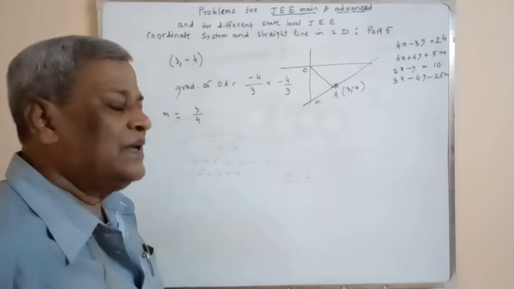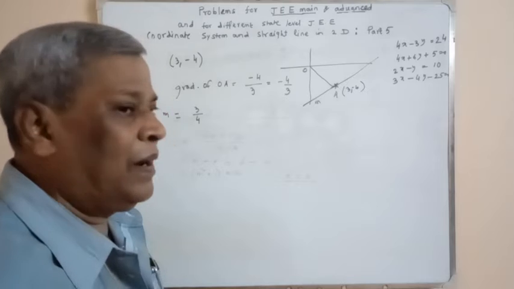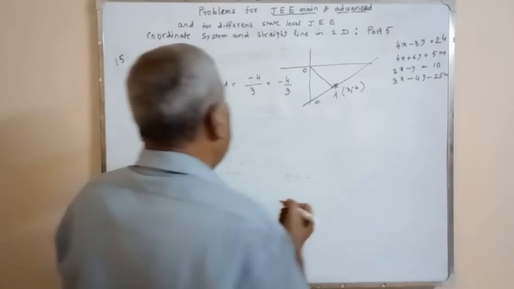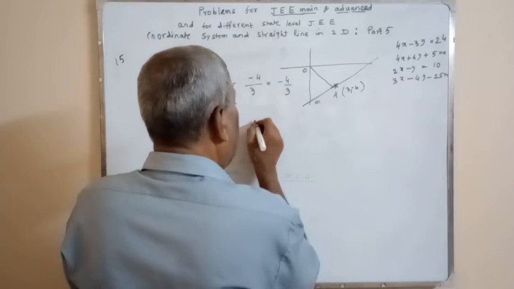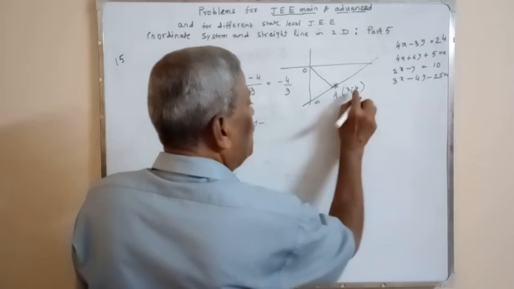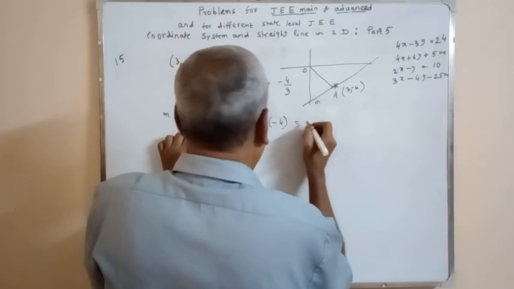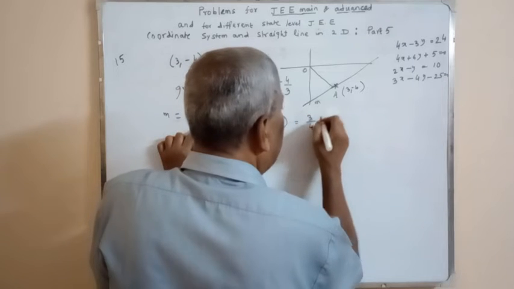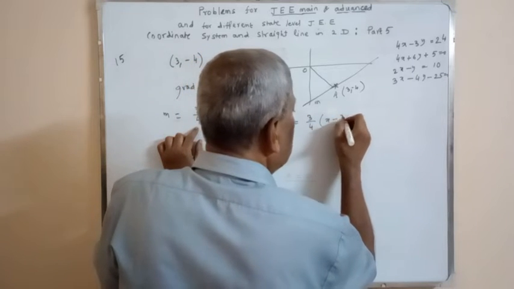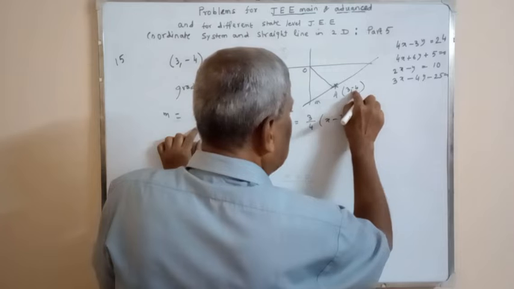Now, the equation in the problem becomes very simple. The equation of the straight line will be of the type y minus y1 is equal to m into x minus x1, where x1, y1 is this.